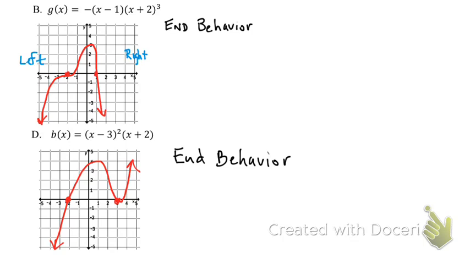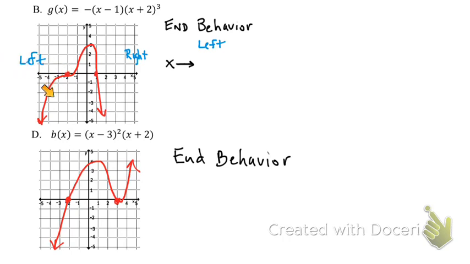Once we figure that out, this is how we start end behavior. So x, because we're talking about the x-axis, and we're talking about the left side of my graph. Does my graph stop anywhere on the left side, or does it just keep going?